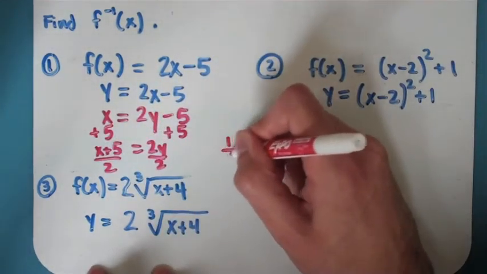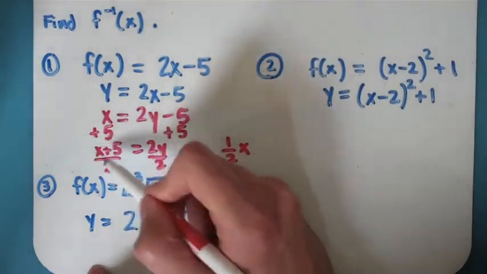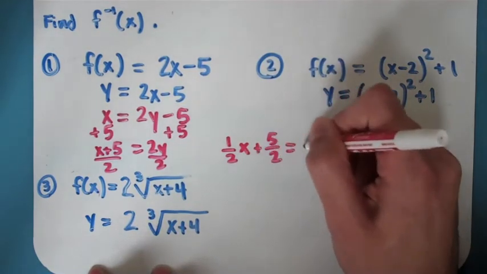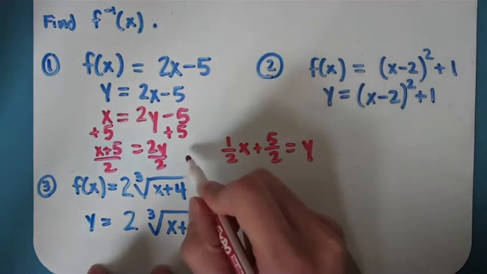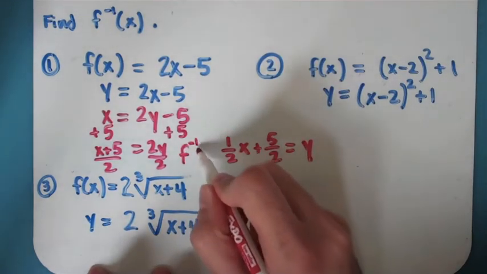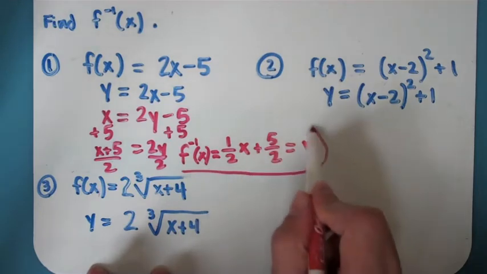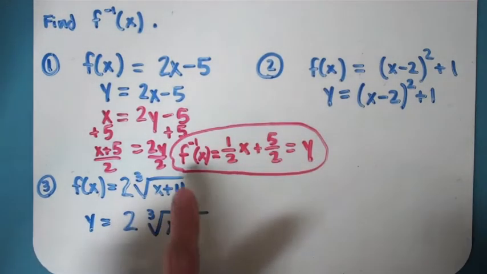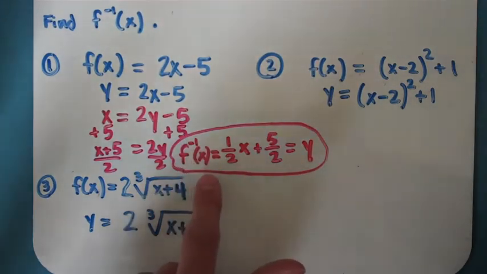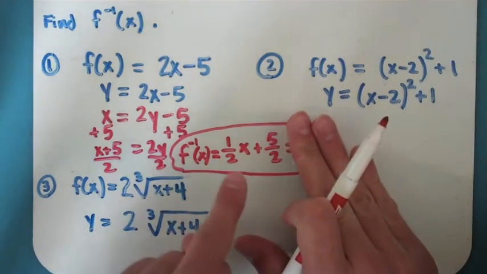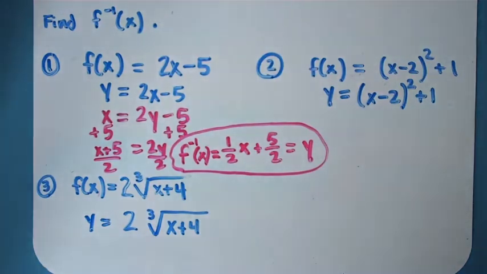So it'll be 1/2 x, because it's like a 1 in front of this, plus 5 over 2 equals y for the first one. And I'm going to put the f inverse of x symbol out front here. So this is going to be my inverse equation. You do need the f inverse piece because that tells you that it's actually an inverse. If you didn't want to write the y there, that's okay. But this is your equation that is the inverse of your other one.